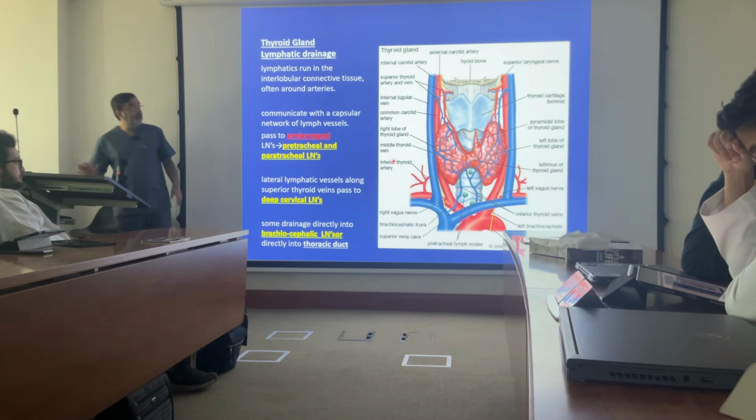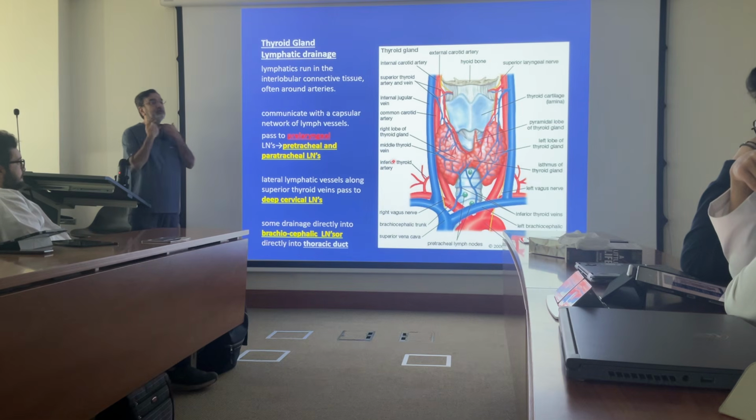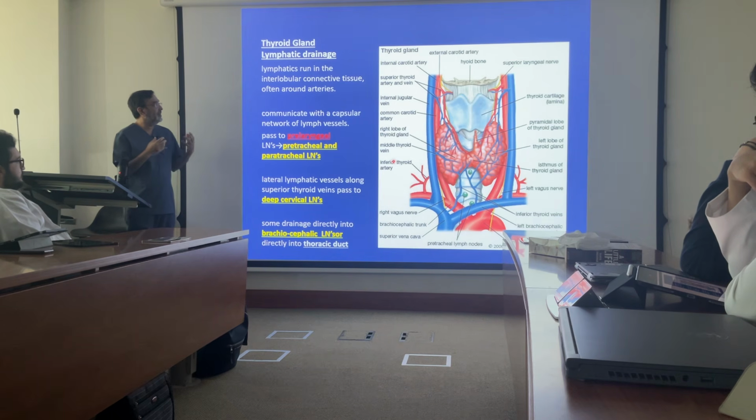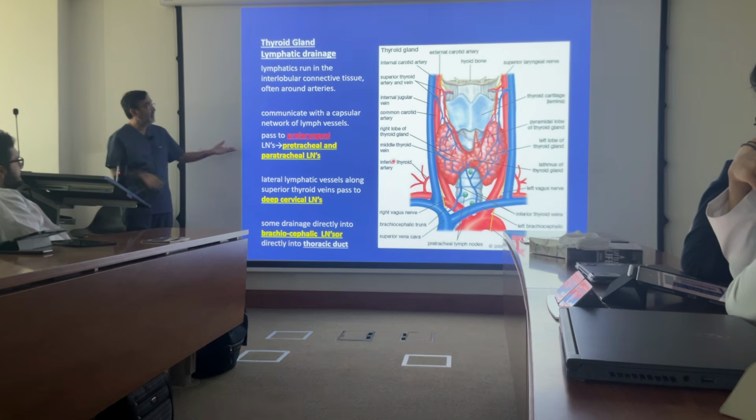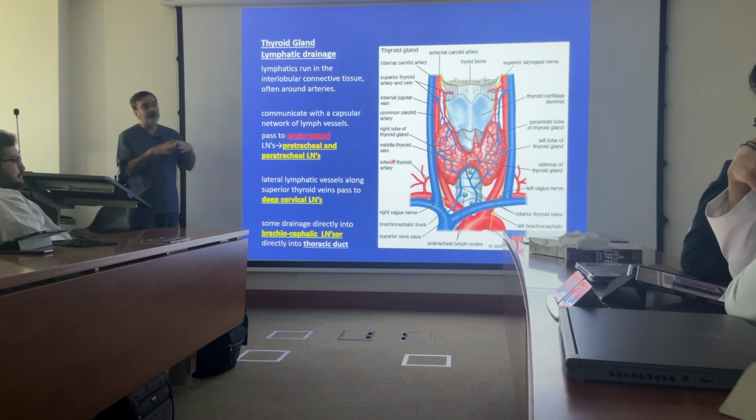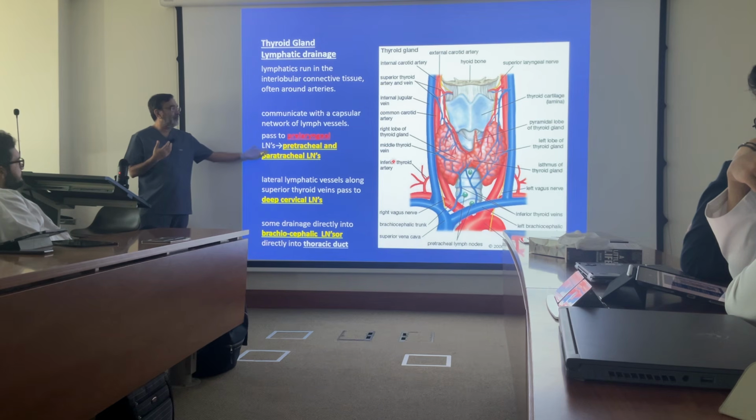Lymphatics. Lymphatics are present in the interlobular connective tissue. So inside the connective tissue of the lobes of the thyroid gland, there are lymphatics running. They communicate with the capsular network of the lymph nodes. They pass first to the prelaryngeal group, then to pretracheal, then to paratracheal.